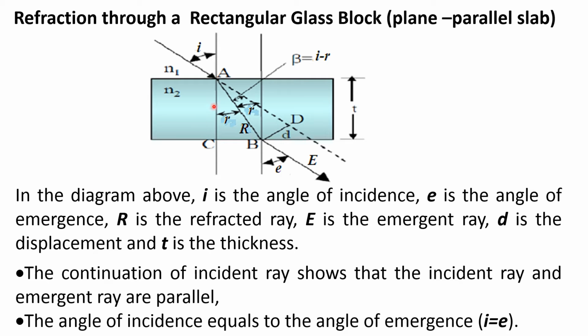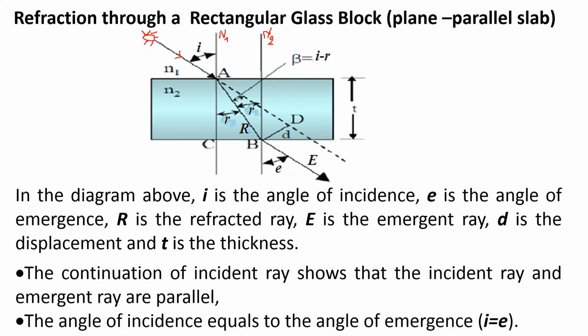Then the refraction through a rectangular glass block. Here we may consider a block of glass, and we consider two normals. The first normal is normal to the first surface, and we have a second normal to the second surface. First, a light ray leaves a light source in medium 1.